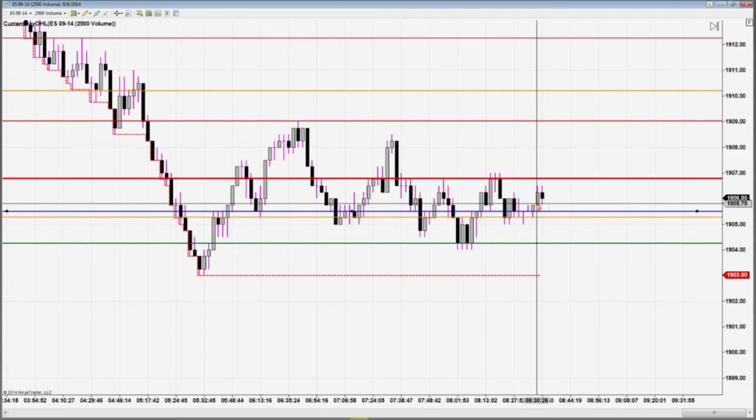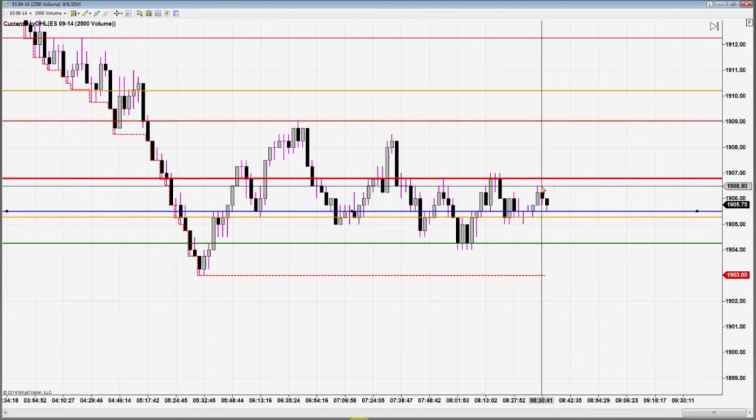And what I'm going to start watching for is the initial swings. So I have a potential opening swing high here at 1906.50.